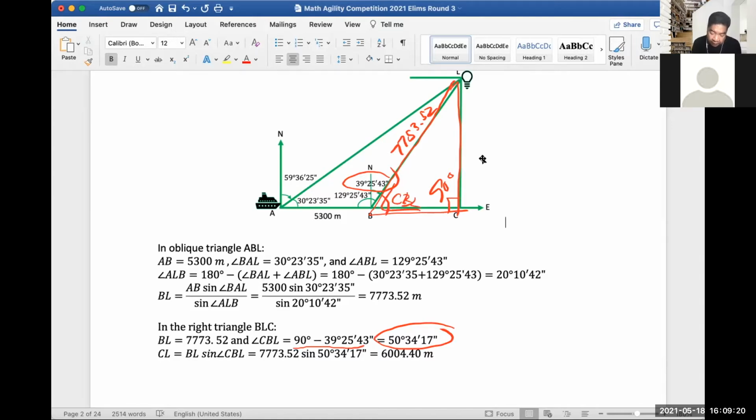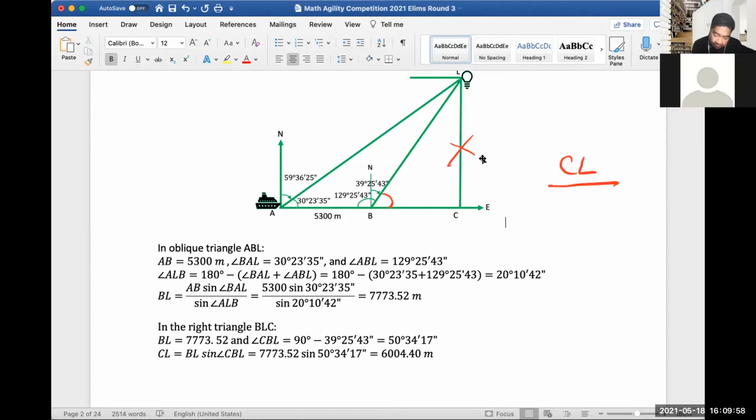And now we need to compute CL. CL would just be the sine of angle CBL, right? So, SOH CAH TOA, you still remember this acronym. If it's sine, it means opposite over hypotenuse. So if this is my angle, this is my opposite, which is LC or CL, over the hypotenuse, which is BL.